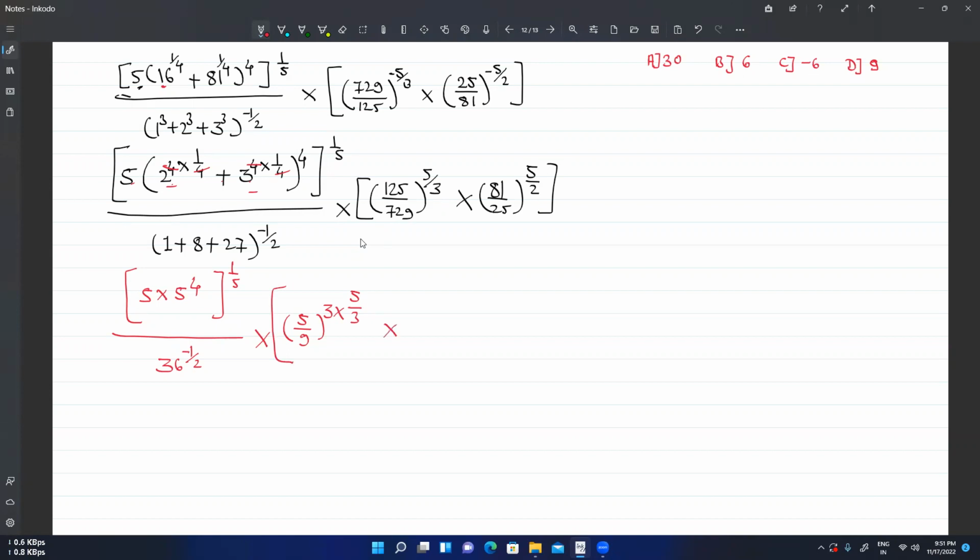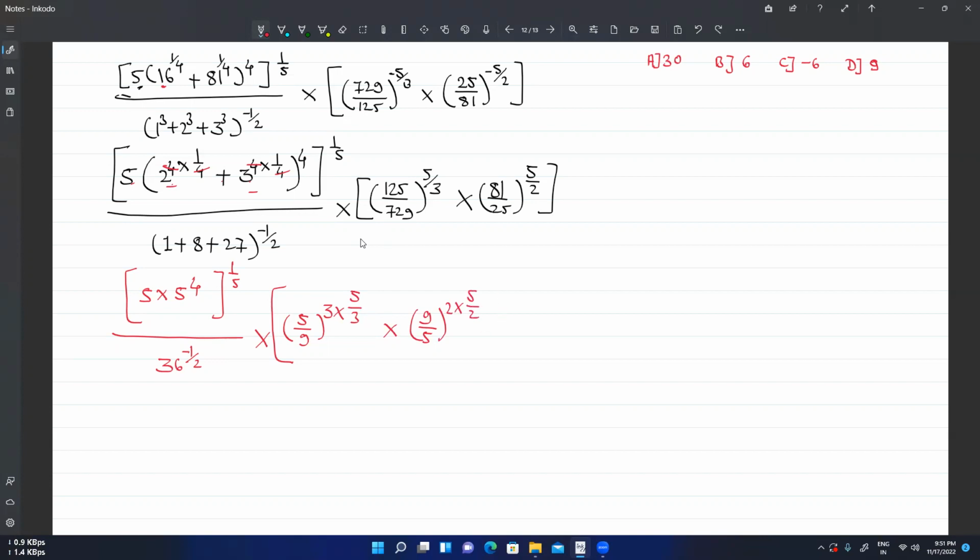Similarly here, 81 is the square of 9 and 25 is the square of 5, whole bracket square. So this is the value of this bracket, but we have index 5 upon 2 of this bracket, so this can be written as times 5 upon 2.